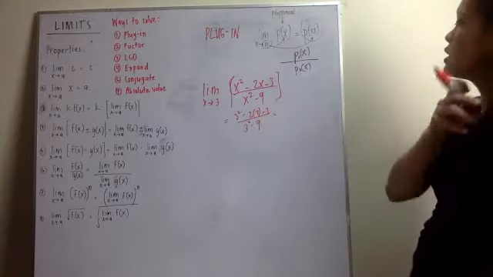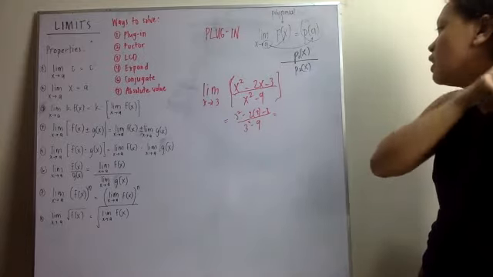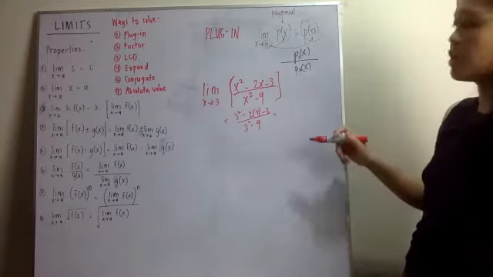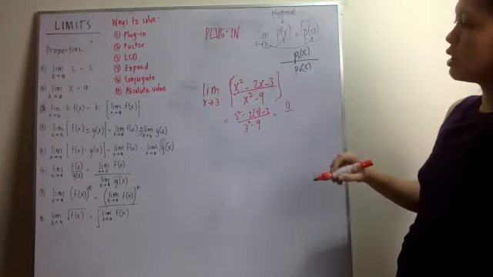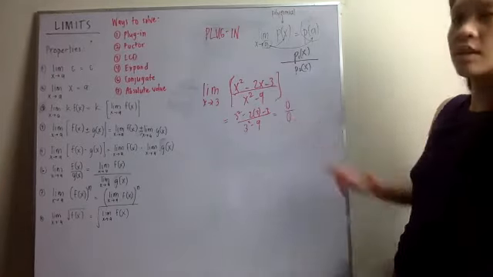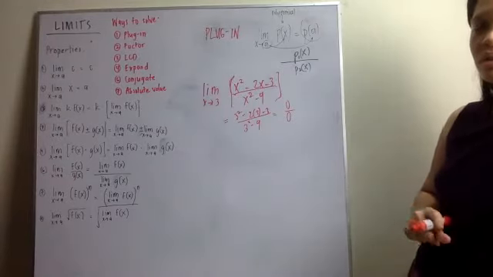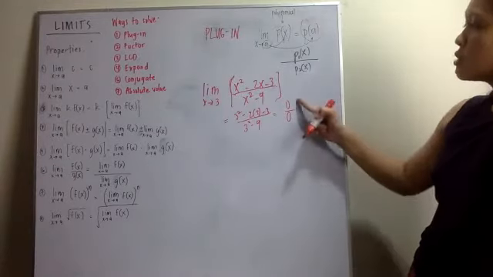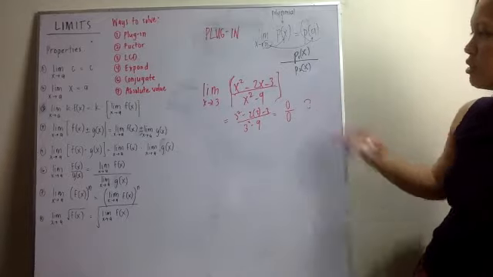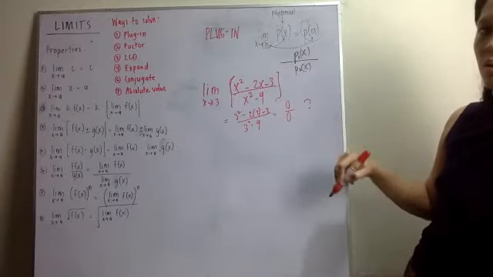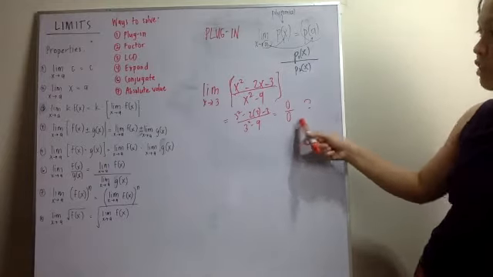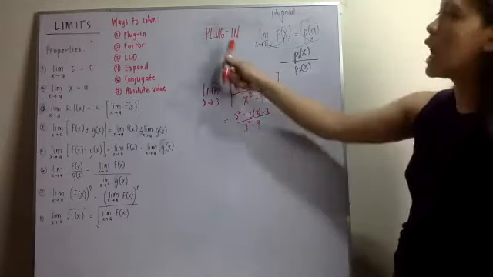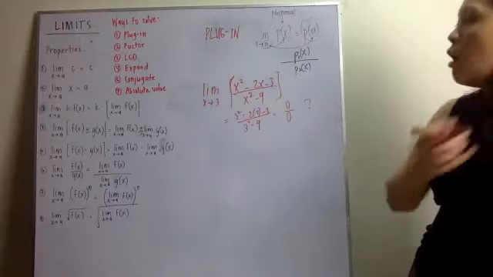So 9 minus 9 will give us 0. So meron tayo dito 0 over 0. Correct? Iba yung nakuha mo? Yes po. Okay. So since may 0 over 0 tayo, ano to? Can we say simply 0 or infinity? Ito ay hindi defined for now. So actually, for these types of problems, hindi mag-a-apply yung simple na plug-in.